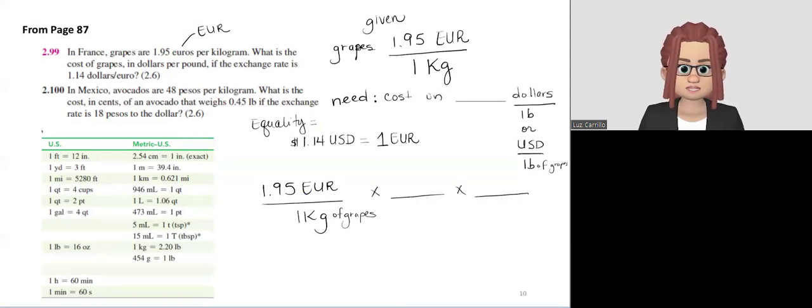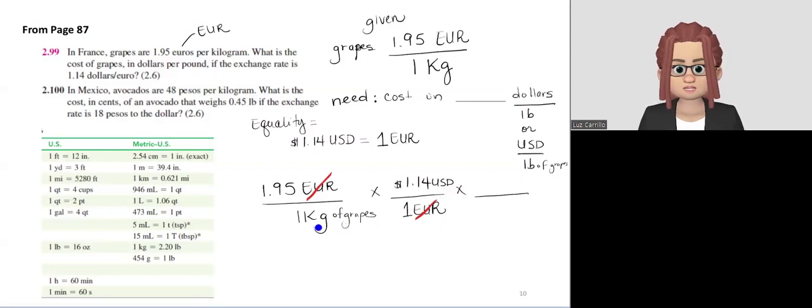So here I can say 1 euro, and then on top what it equals to, 1.14 US dollar. So by setting up this fraction, I can cancel the cost in terms of euro, and then the units that are remaining at this time in the problem is just US dollar per kilogram of grapes.